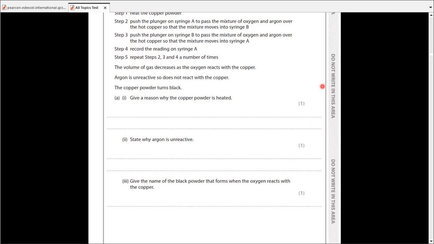Copper compounds have many different colors, and it's important in Edexcel chemistry that you know and memorize those colors. Color of original copper metal, copper carbonate, copper sulfate, anhydrous copper hydroxide, copper oxide. They all have different colors, and you're supposed to memorize those colors for exams because most of the time they talk about these compounds.